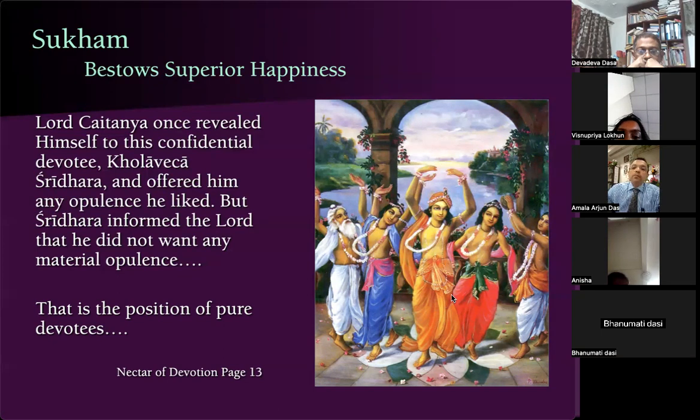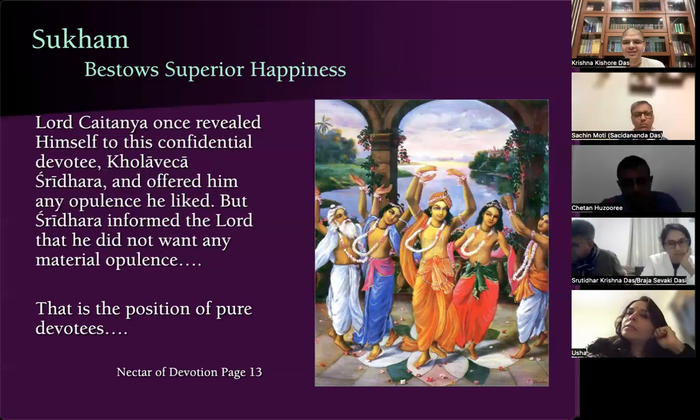So Sridhara Kolavecha was a very poor devotee of Sri Chaitanya Mahaprabhu, materially poor. And Chaitanya Mahaprabhu offered him, Kolavecha Sridhara, ask what you want. I'll give you whatever you need. And he says, Chaitanya Mahaprabhu, I don't want anything. I have everything. I have your devotional service. I don't want anything else.